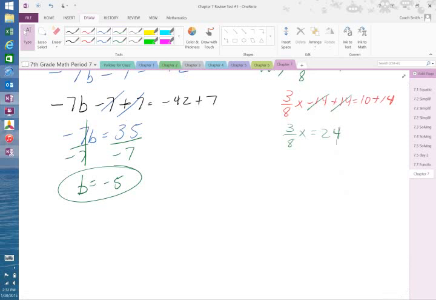Now to solve that, I've got to do the reciprocal. 8 over 3 times 3/8 x equal 24 times 8 over 3. X is equal to what?